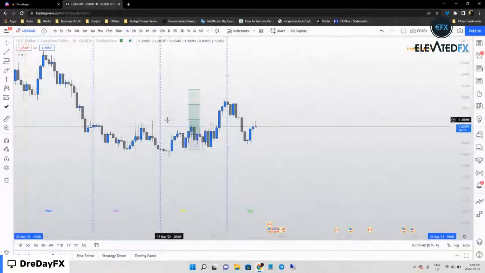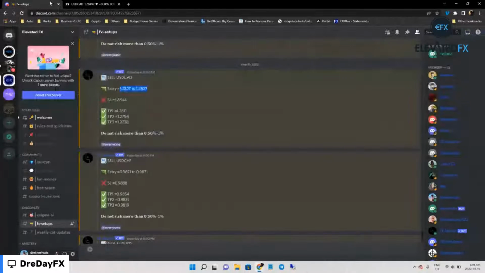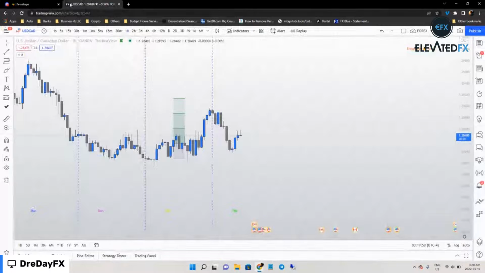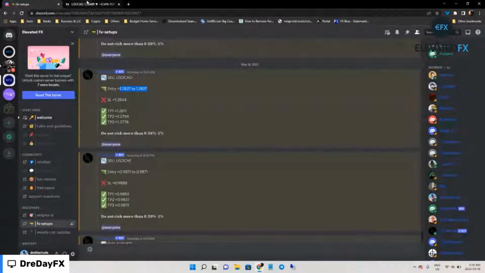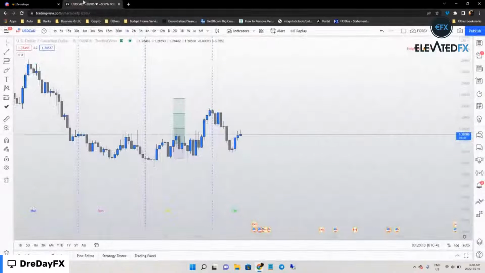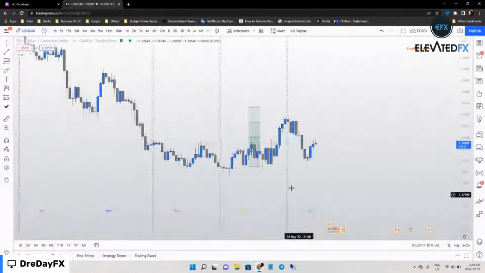So this signal here, this one was a buy, but the actual signal here was not printed out for some reason. So we're just gonna take a note here and send it out to our development team. But what I do personally is look at where we're at in the market, if it makes sense to take the trade in the direction, if we're going on an uptrend or a downtrend.